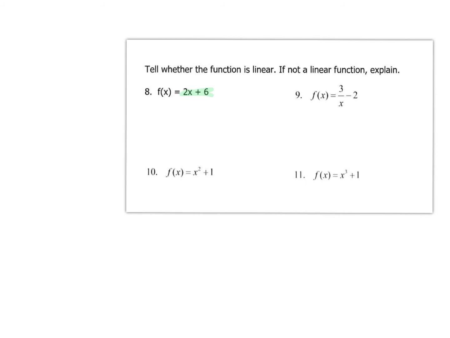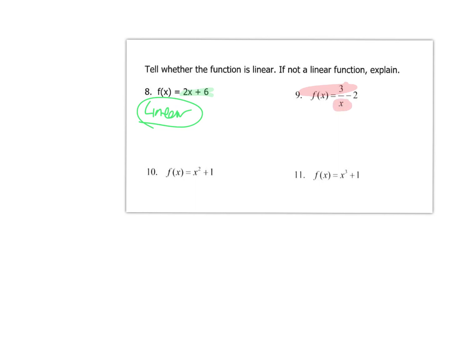The answer is no. So this is linear. Okay. Now this next one, okay, this one is not going to be linear.